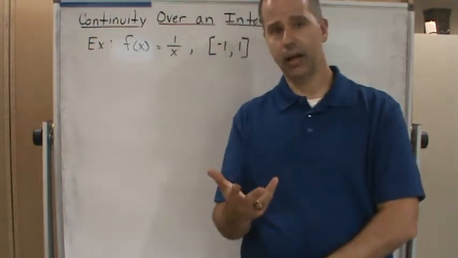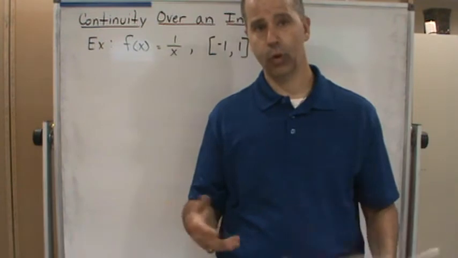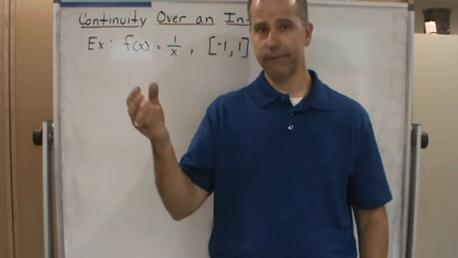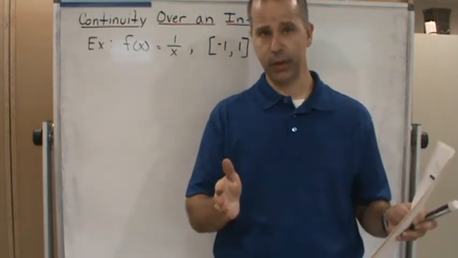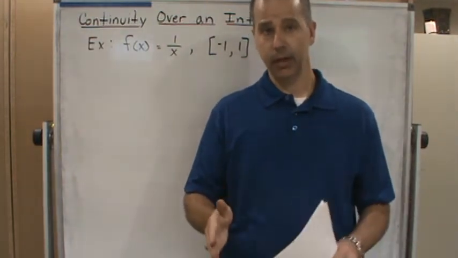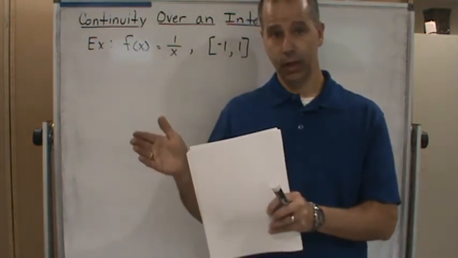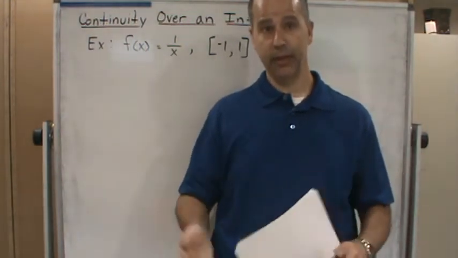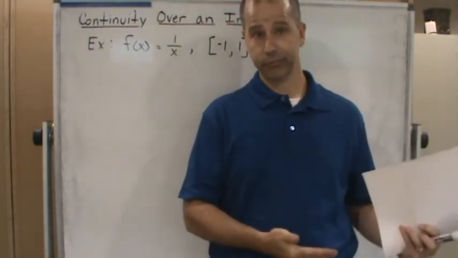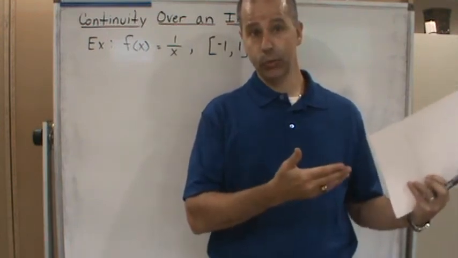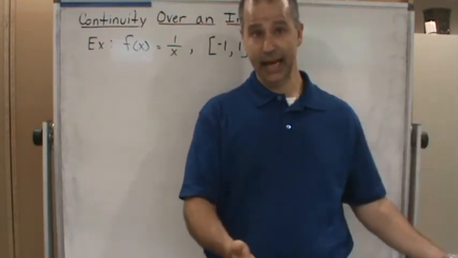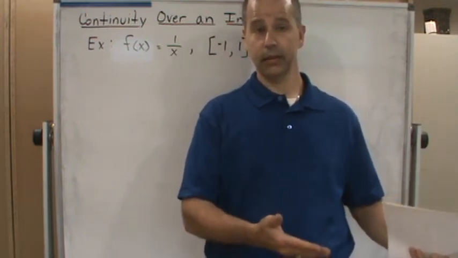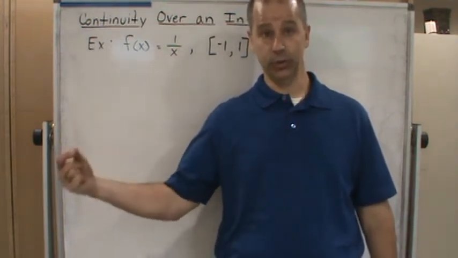And if there's a y value, some value z between f of a and f of b, then there must exist some real number c on the interval from a to b in the x's such that f of c equals z.